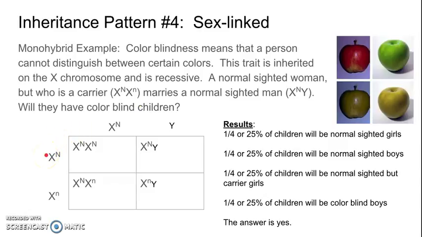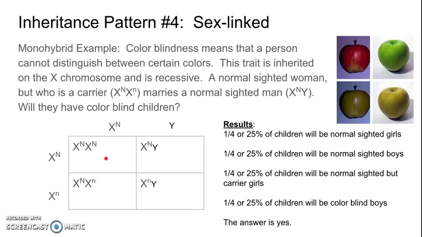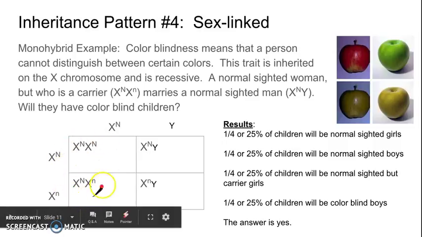Okay? So when we then cross and see the possibilities, we can analyze and see that if we look at the possibility of the sex of children, 50% of children will be female, 50% of children could be male.